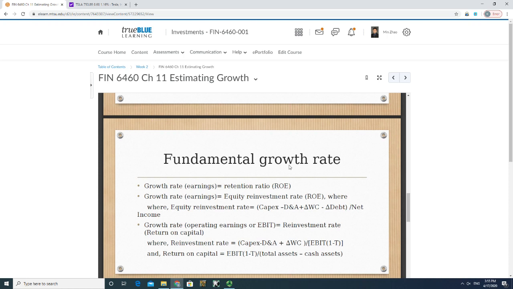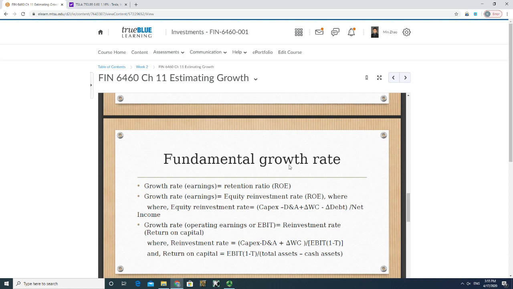And alternatively, if you use a free cash flow method or free cash flow to the firm method, you want to change your perspective a little bit from equity reinvestment to operating reinvestment. And here you look at both the investment by using equity and debt finance.